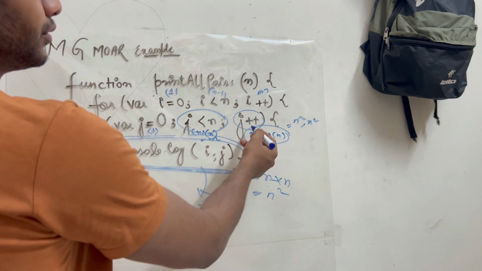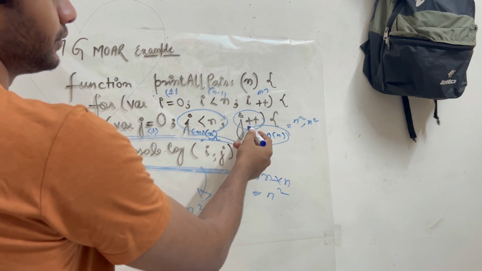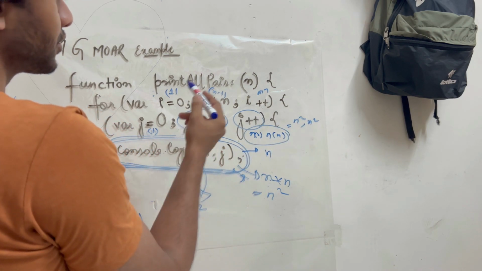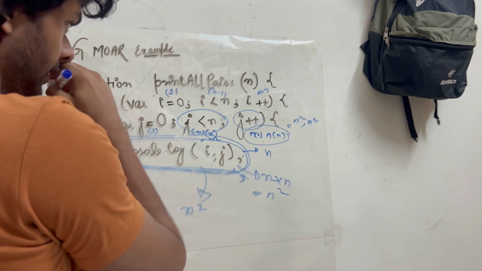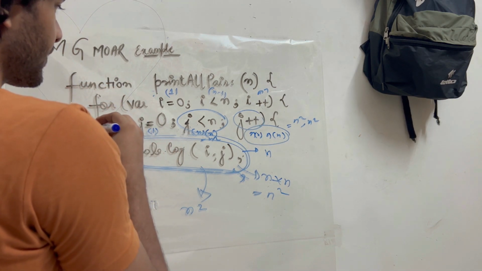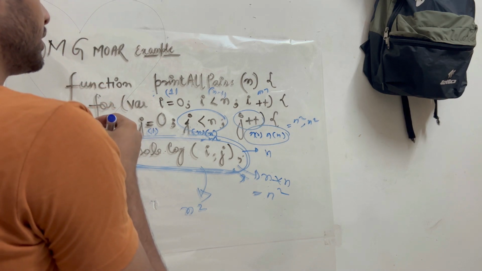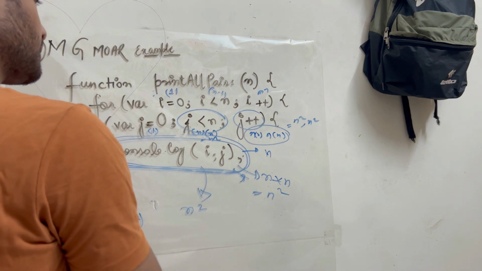As I told you, because the inside iterator's increment j runs n square times, the comparison happens n square times, and initialization happens 1 time. So yeah, this loop again runs how many times? N square times.